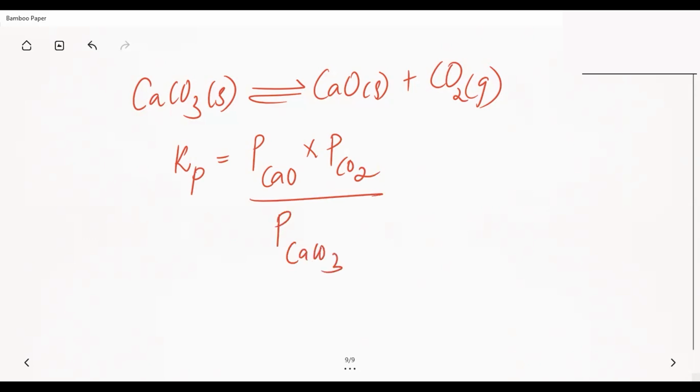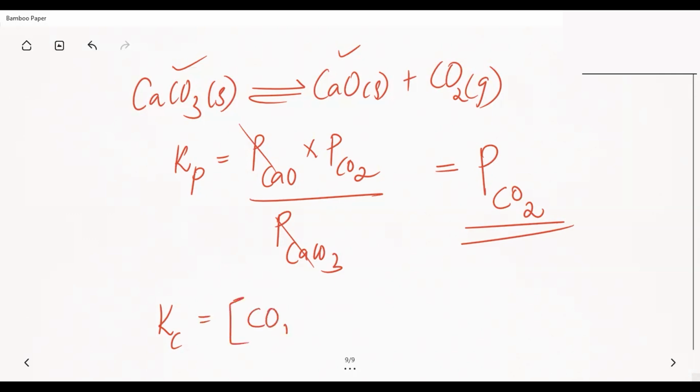You now know that CaO and CaCO3 are solids, so we can cancel these two because there is no pressure involved in solids. So it is directly related to only carbon dioxide. Also Kc you can write, since it is a gas, like Kp. If you write it in terms of Kc, it is related to the concentration of carbon dioxide only. No others are involved because they are pure solids, and we take them as constant.